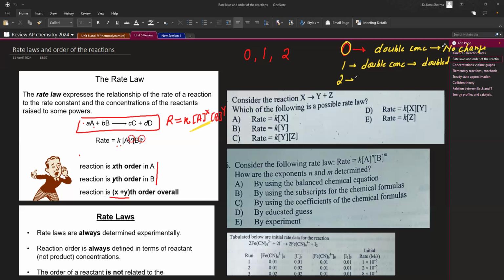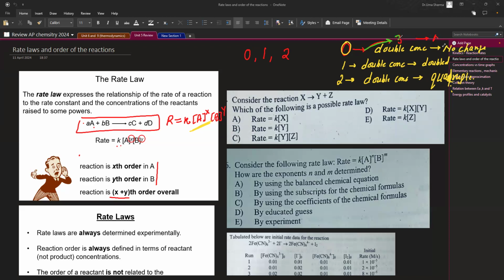Second order means when you double the concentration, the rate becomes quadruple, 2 raised to power 2. Quadruple means 4 times. You're understanding this? I picked the example of doubling the concentration, but you can say triple. If I triple it, for zero order, there is no change. I'm just using a different language now.